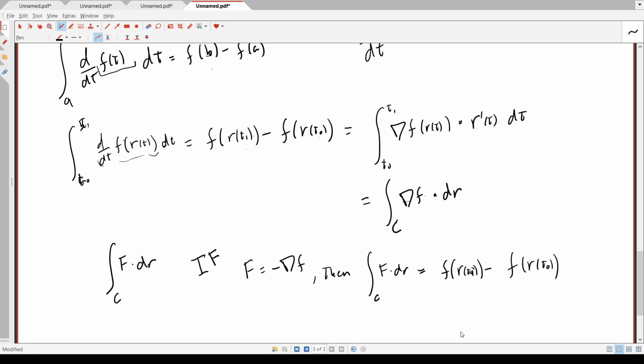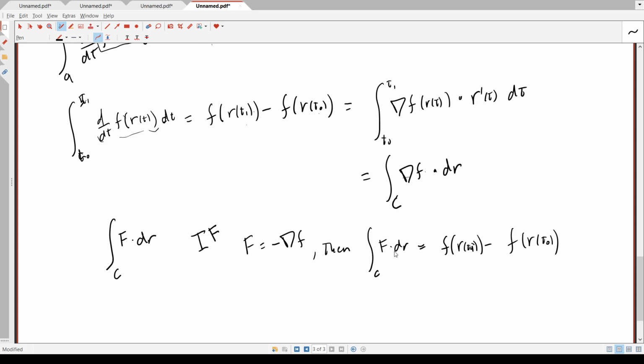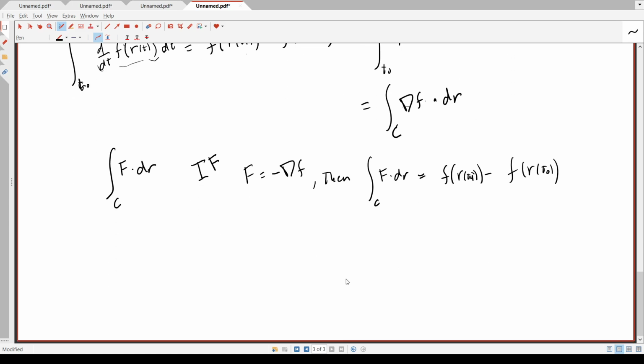Okay, so let's look at a really fascinating side effect of this. If I want to evaluate a line integral from here to here along some curve, I know how to evaluate this line integral: I just subtract the values at the two endpoints. That means it didn't depend on the path I took at all.